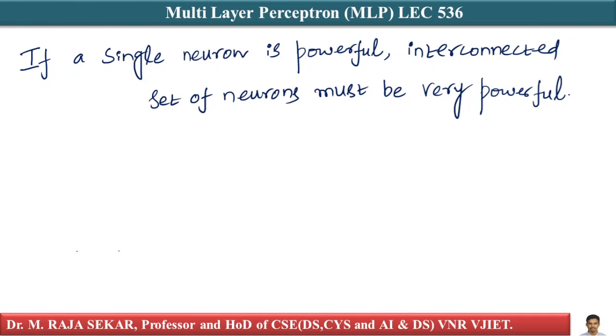Now the big question is, how do you connect it and how do you make it work? It took multiple decades of work to make this complex neural network and multi-layer perceptron work. We will come to that later, but there is the biological inspiration we had.